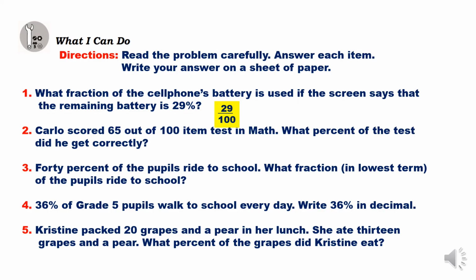For number 2, Carlo scored 65 out of a 100-item test in math. What percent of the test did he get correctly? So, 65 out of 100 in percent, that is 65%. So, I'll give you another 3 minutes to answer number 3, 4, and 5. And time starts now.